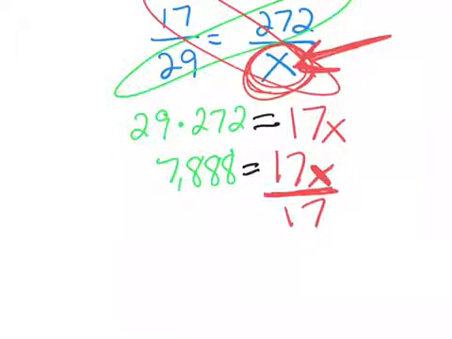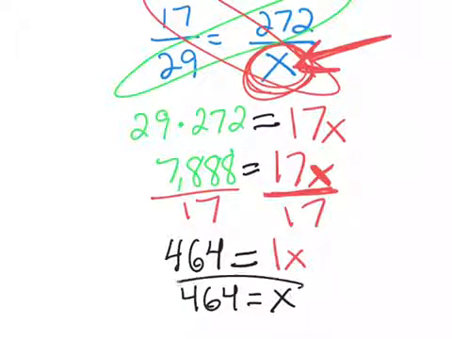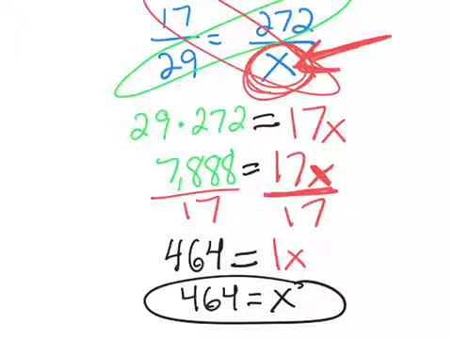And because this is an equation, I have to do it to both sides to stay equal. 17 divided by 17 is 1, so I'm going to have 1X here. And on the other side, 7,888 divided by 17 is 464. Now I want to rewrite it so that I can see that my answer for regular X, 1X is just the same as X, is 464. So the missing number up here was 464.